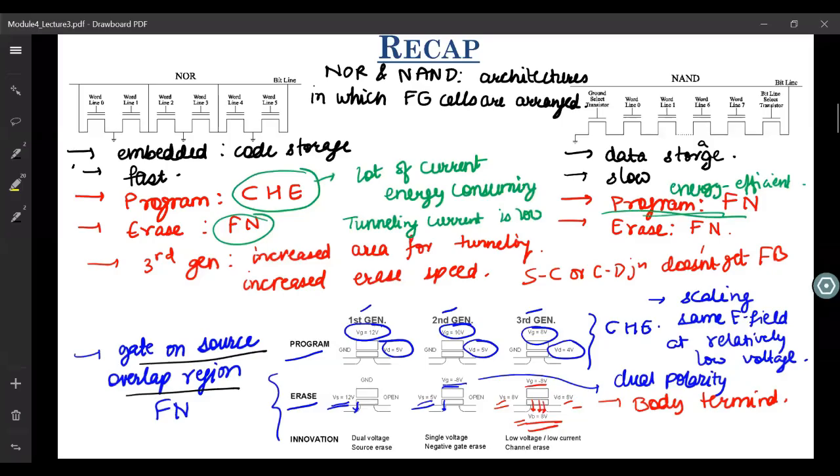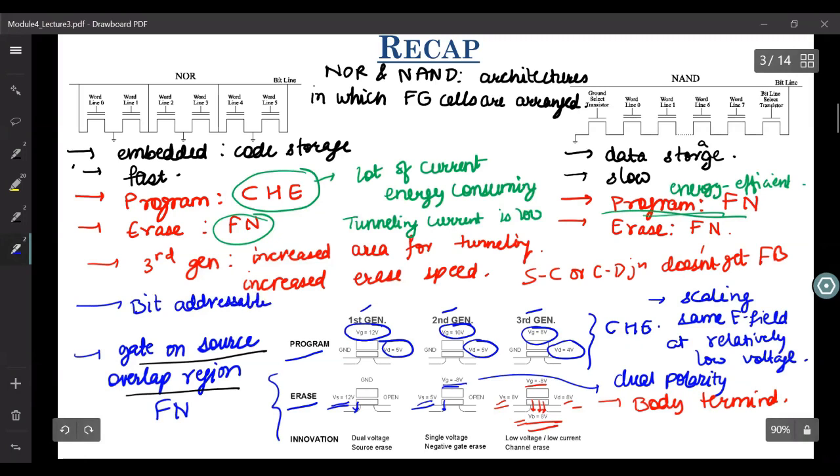We also saw that your NOR flash is bit addressable. That is, you can uniquely access each of these cells because each of them has an independent connection to the bit line and source line. Therefore, you can easily access individual bits at one time.